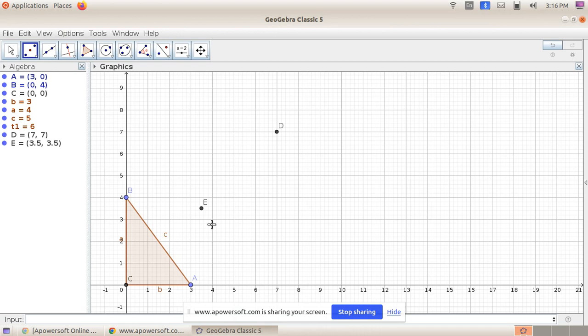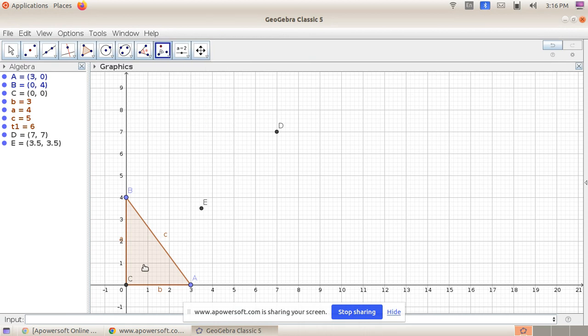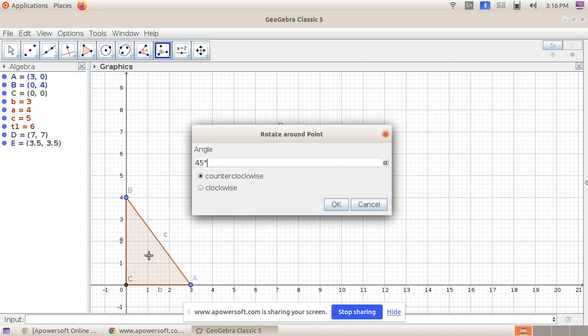Using this, I'm going to create some other triangles that are the mirror images of these triangles. How it is possible, I'm going to show. Listen, that is rotate about a point. Take that. Rotate about this point. It is asking about the angle. The angle we require is 90 degrees.